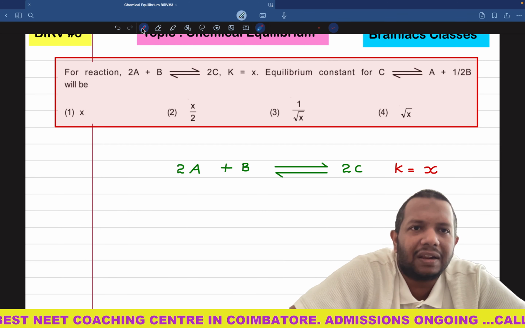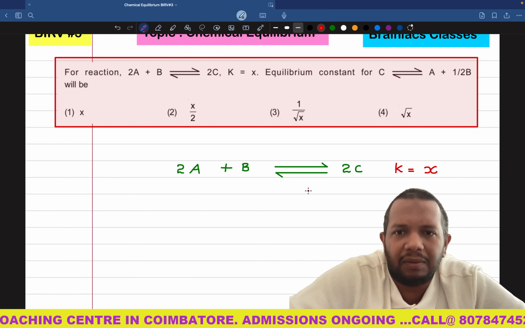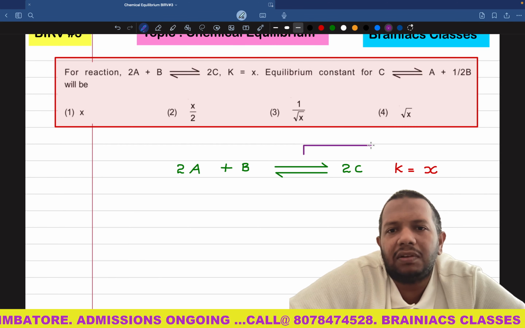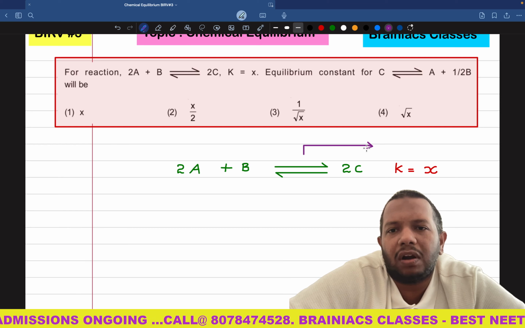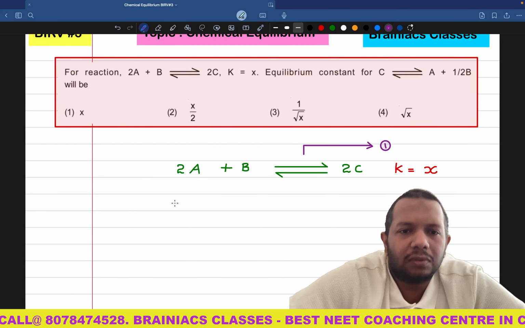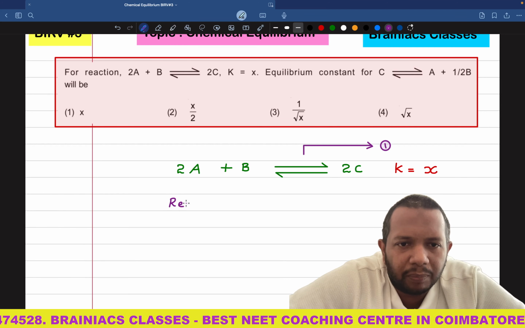So let me mark this as equation 1. Reverse equation 1.